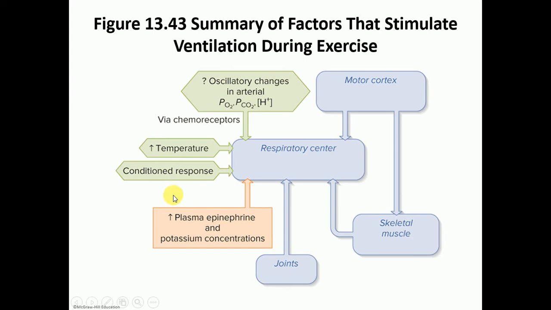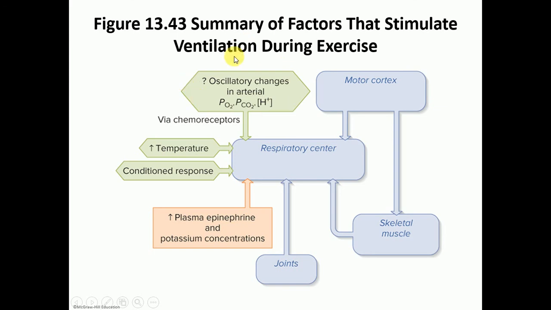And that adrenaline rush, the increase in plasma epinephrine, is going to stimulate respiration. Temperature: as your metabolism goes up, your body temperature goes up, and that is also going to stimulate respiration. Conditioned response: just thinking about exercising can sometimes stimulate the respiratory center.